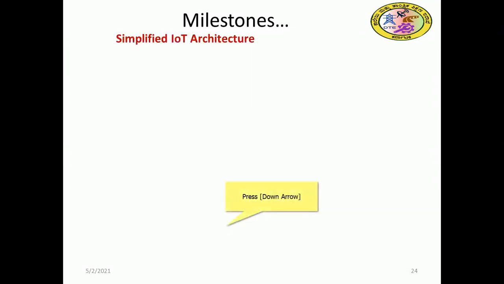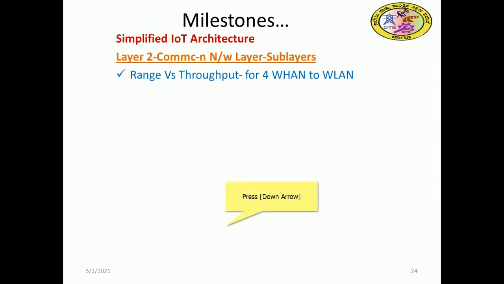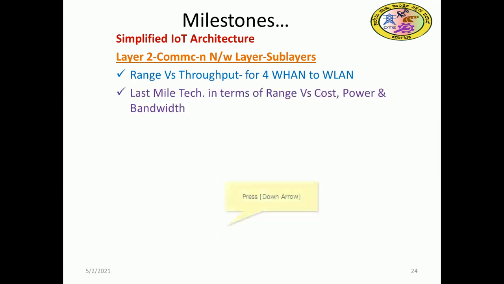With this, we can recap the concepts we studied so far in this session. Simplified IoT architecture: under the communication layer, layer 2, the network sub layer, while layer 1 we discussed in the previous session. That majorly concerns data range versus throughput, from home area network to local area network.